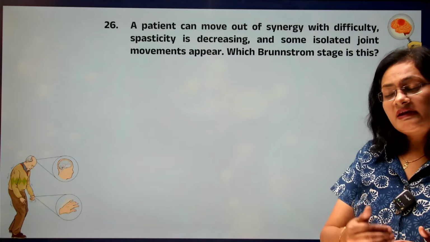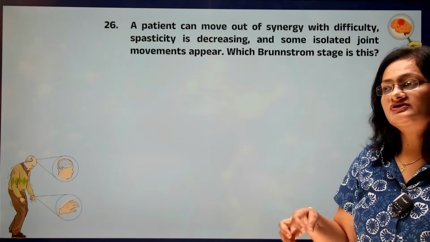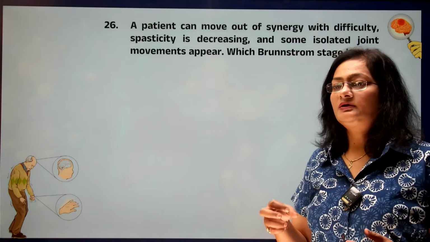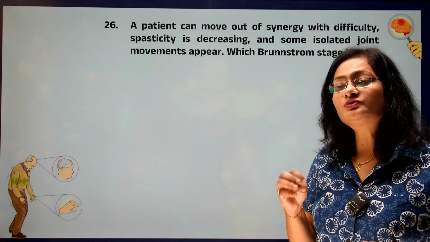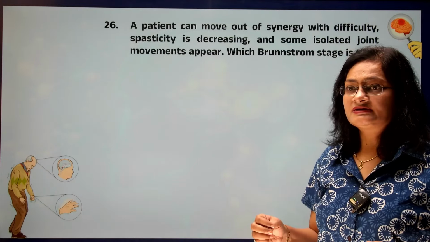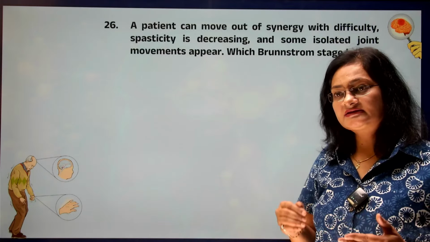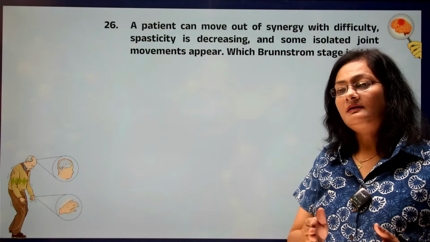So stage 3 has synergy at its peak. Whatever movement the patient does in stage 3 is with a component of synergy. But here it is mentioned that the patient is able to do movement out of synergy with difficulty, spasticity is decreased, and some isolated joint movements appear.